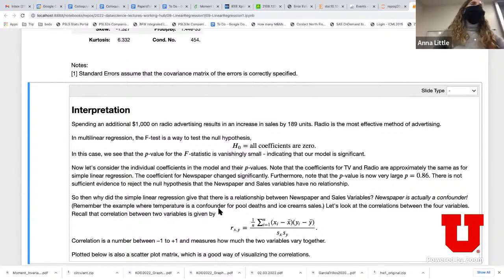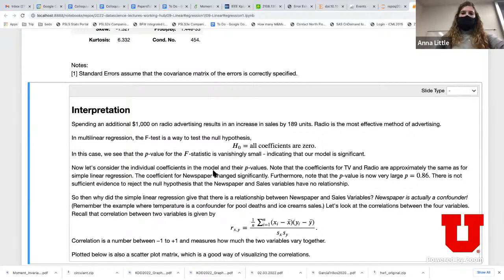Maybe nobody wants to answer because maybe it's already written up there, I don't know. Let me see if anyone put anything into the chat. Okay, yes, we are able to consider confounding variables. So indeed, this may be a case of confounding variables.